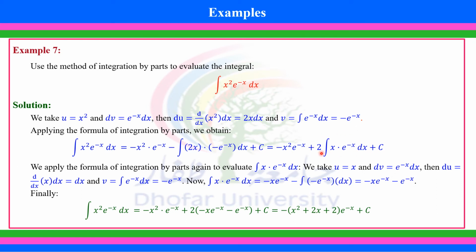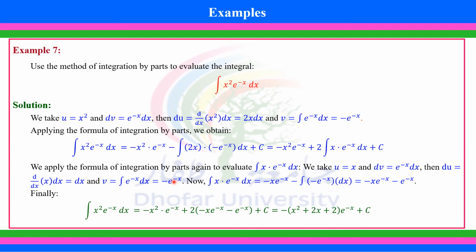Okay, so we choose u equal x and dv equal exponential minus x dx. So du is dx and v is the integration of exponential minus x, which is minus exponential minus x.